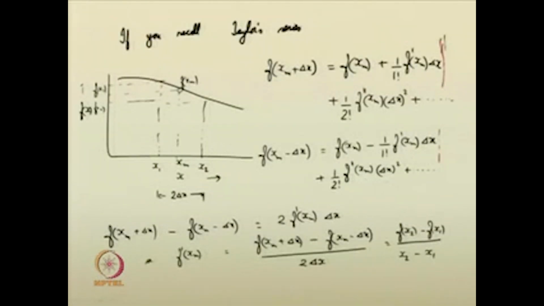Similarly, you can go for higher order approximations. In the Taylor series, you can truncate the series at any location. Say, if I truncate it after the second derivative, then the expressions for the first derivative as well as the second derivative will be different.